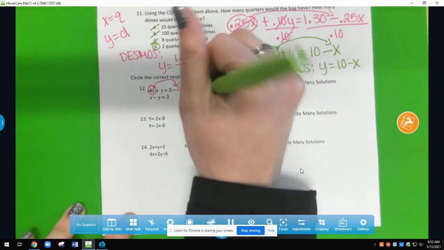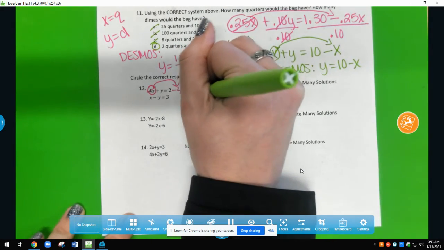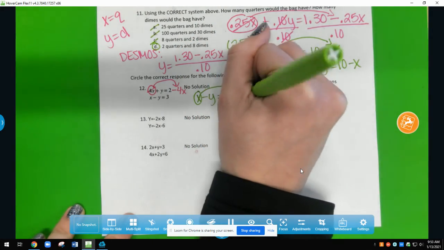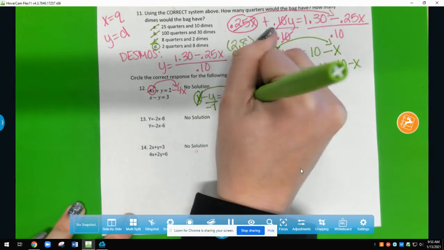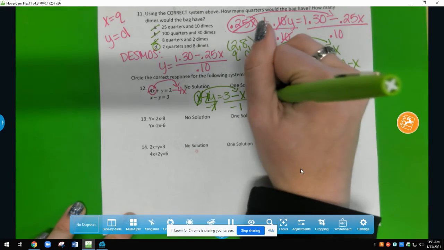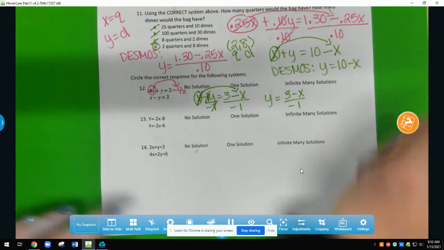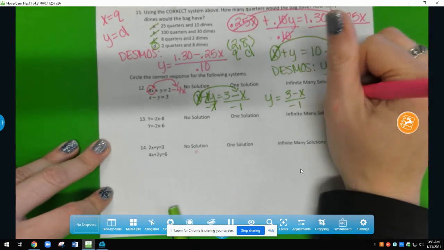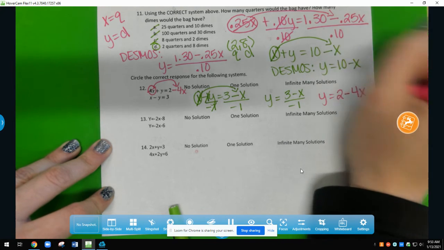For the second one, going to move the X, change the sign. This time I have to divide by a -1. So I have Y equals 3 minus X over -1. And I have Y equals 2 minus 4X.